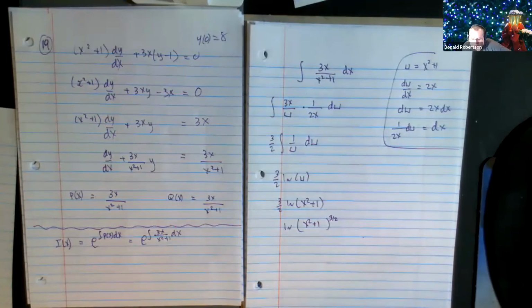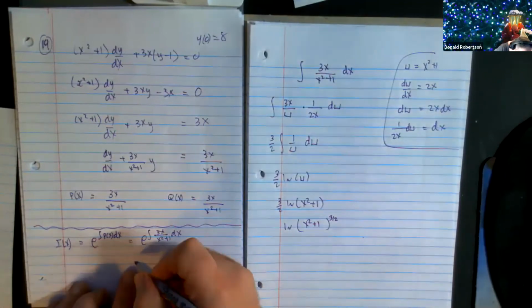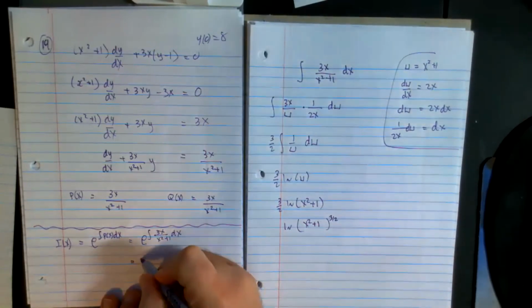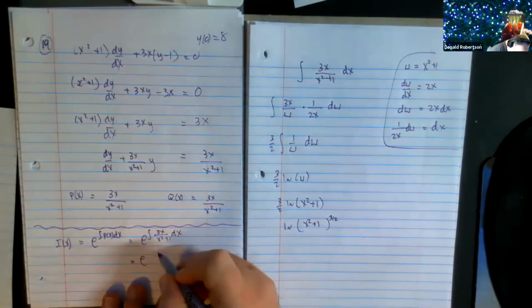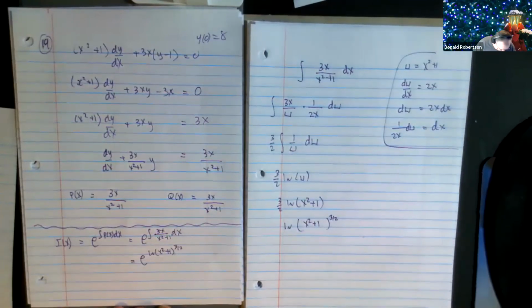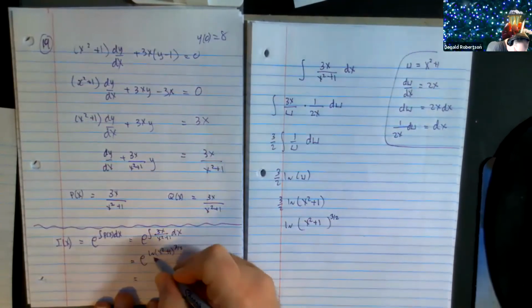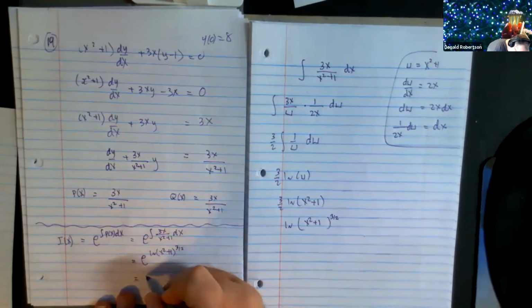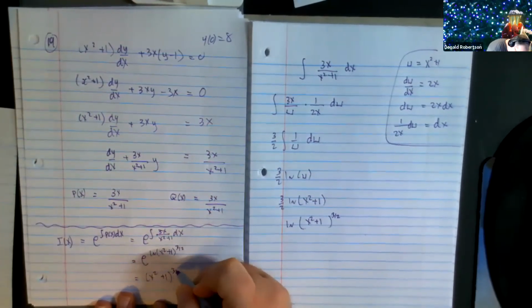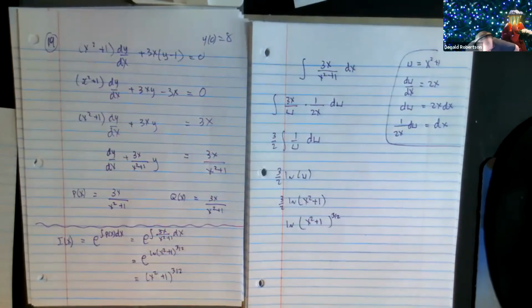A multiple of a log becomes a power. Yep. Okay. e to the natural log of x squared plus 1 to the 3 halves. We know how these two play well together, because that seems to be almost every time what happens. We now have an integrating factor.